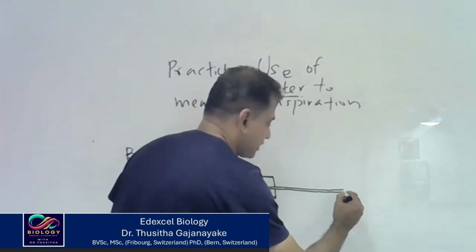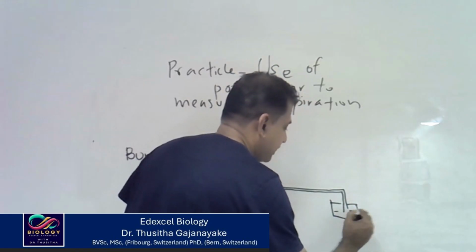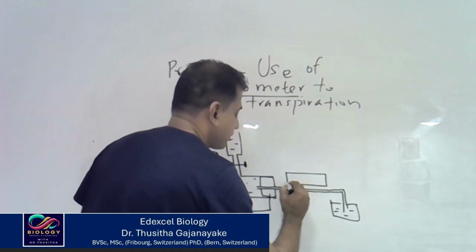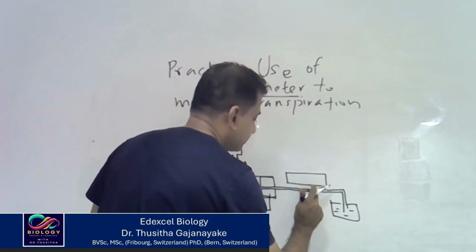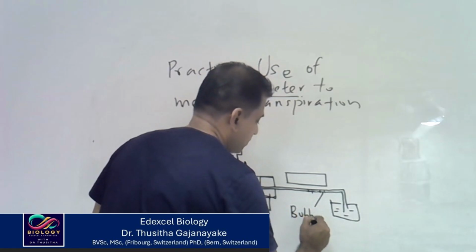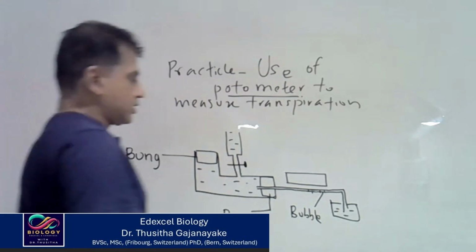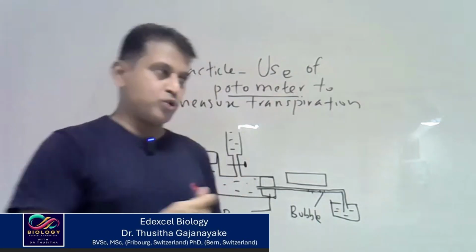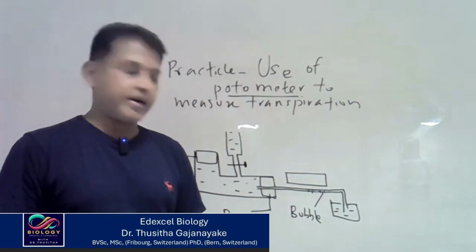And this one is connected to another water container, and here I have a ruler, and here is a bubble. Usually we take a syringe with air and push it, then the bubble can go here and stay somewhere here, right?